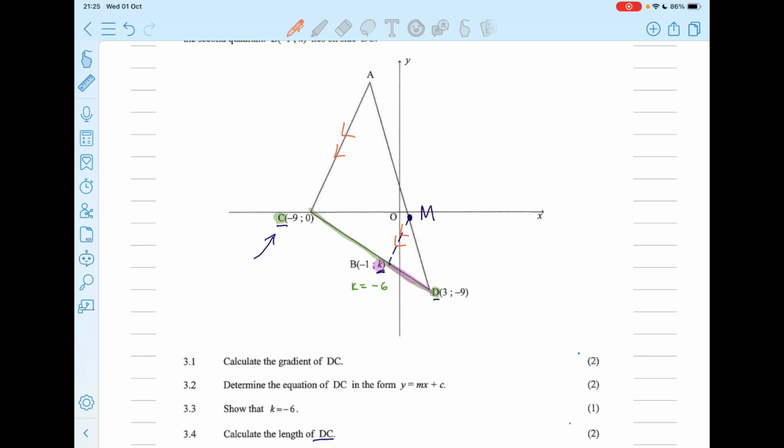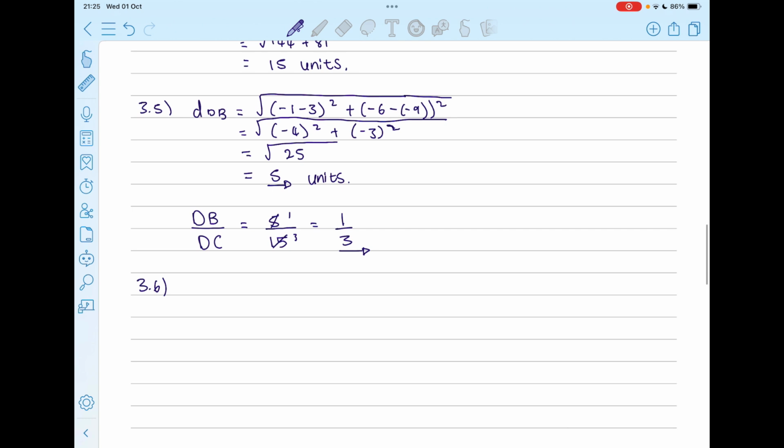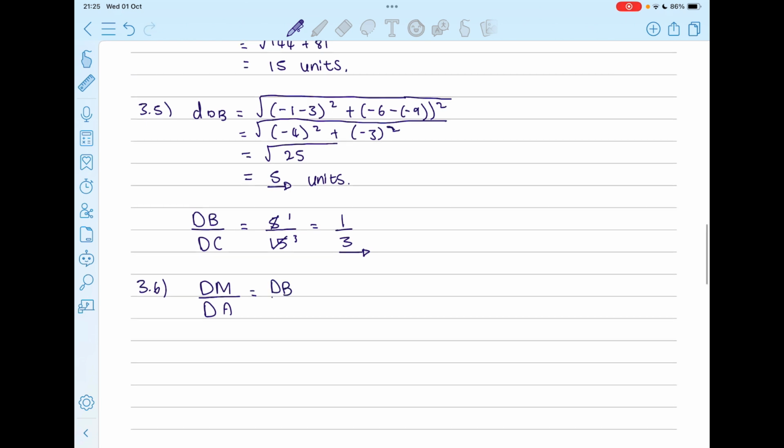Because AC is parallel to MB. So DM to DA will be equal to DB over DC, which is equal to 1/3.